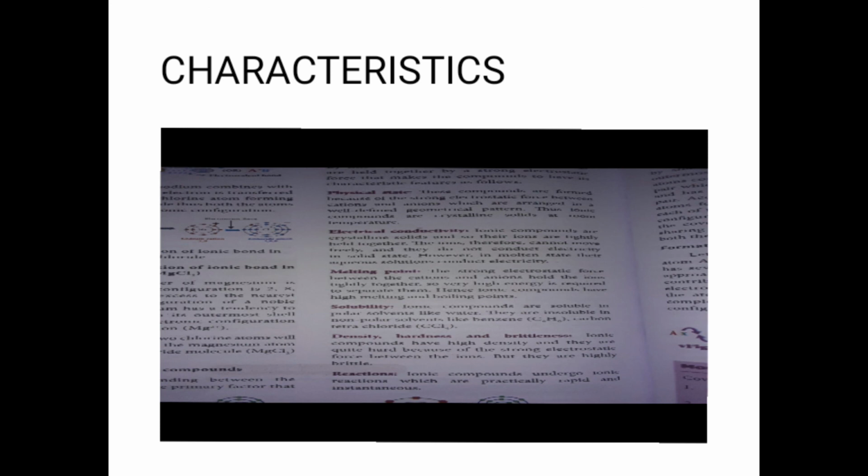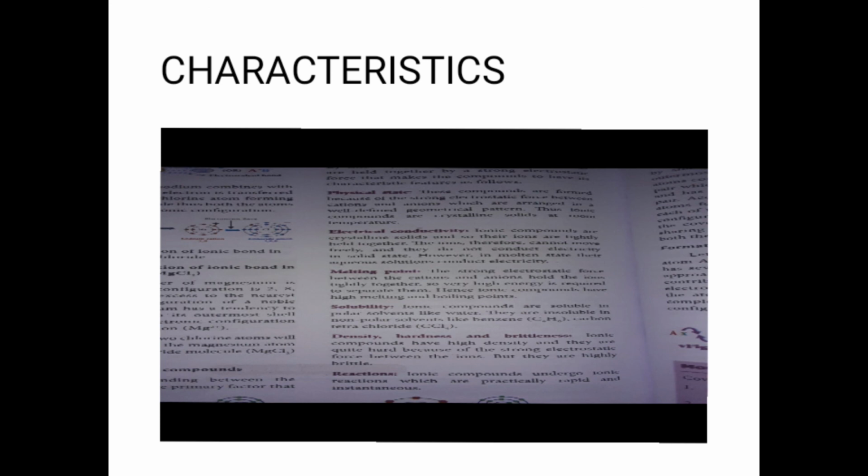That is called a crystalline solid. They will be in crystal form, and since they are crystalline solids, the ions are tightly packed, so they cannot move, so they do not conduct electricity. Since it is in a solid form, it cannot move, so it does not conduct electricity.